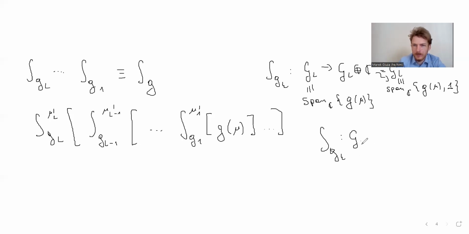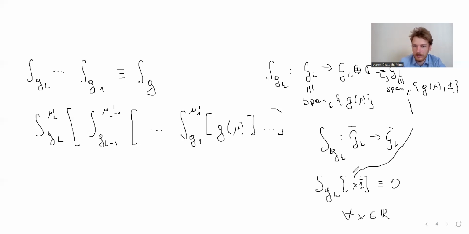We would define it from this extended space to G_L, and the definition would be that G_K of some number x is simply 0 for all x in the reals. And here I can write that this is some, because it's a span over complex numbers, so this is actually a complex number here.